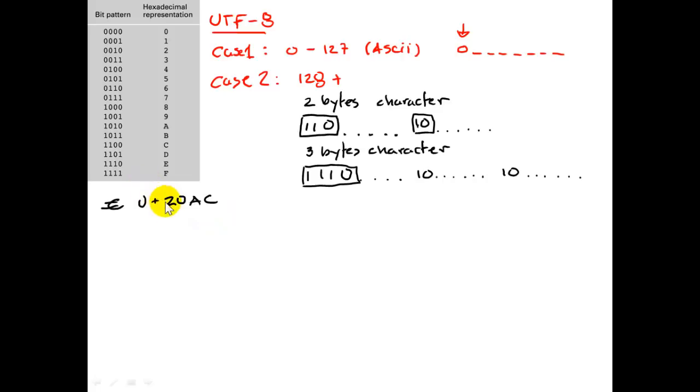Now if you look, we can translate, so a 2 here in binary is going to be 0, 0, 1, 0. That's our 2. A 0 will be 4 zeros in a row, and A is 1, 0, 1, 0, and finally a C is 1, 1, 0, 0.